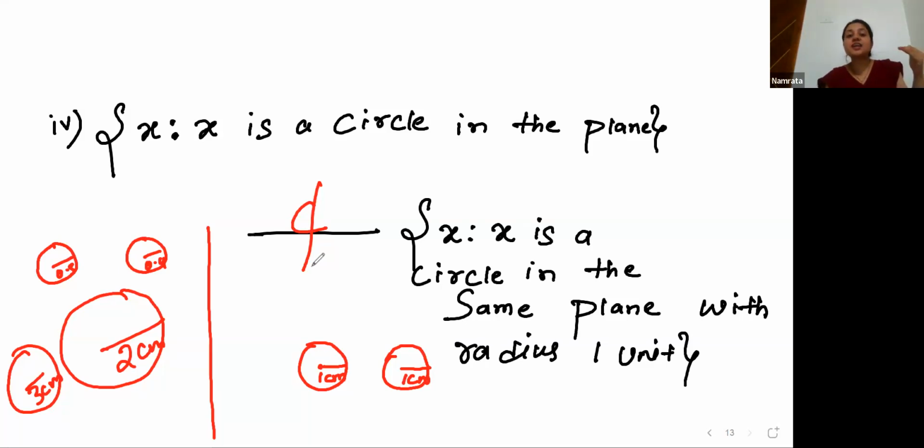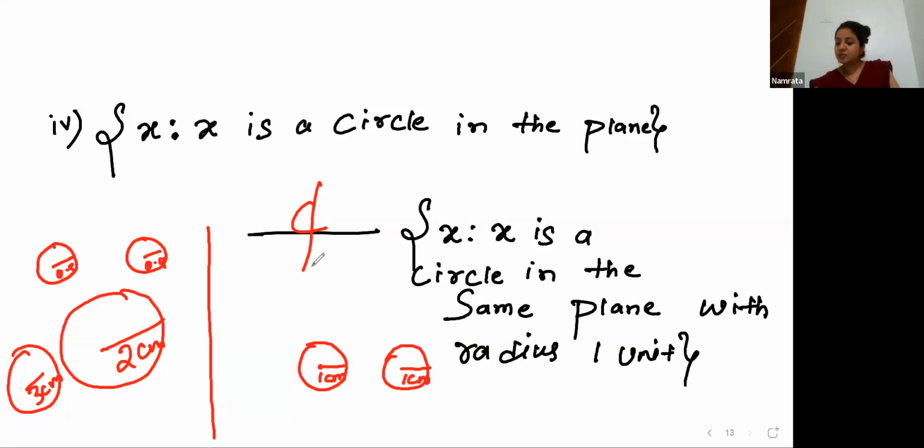Any circle in the plane is not a subset of the set of all circles having 1 unit radius. Are you getting it? Yes. This is how we analyze whether any given set is a subset or not.